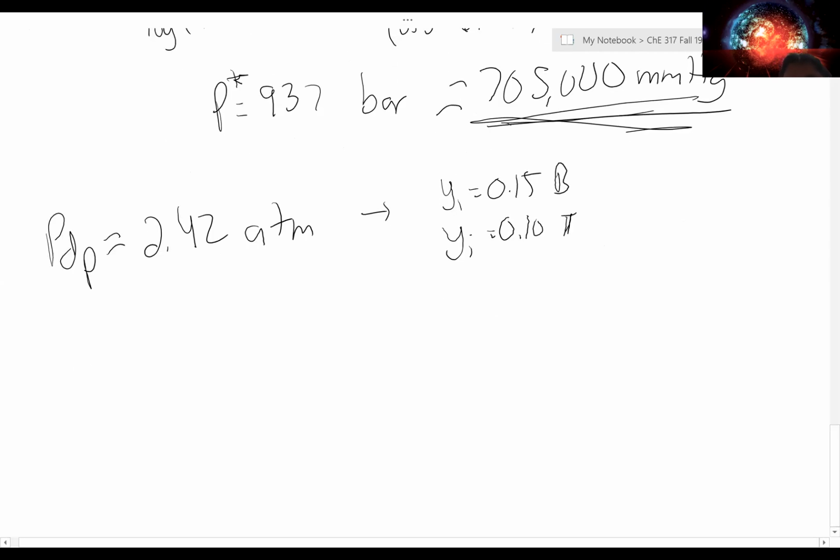Well, I can use Raoult's law and say that composition, if it follows Raoult's law, would look something like this.